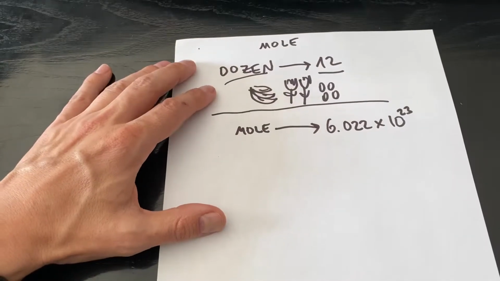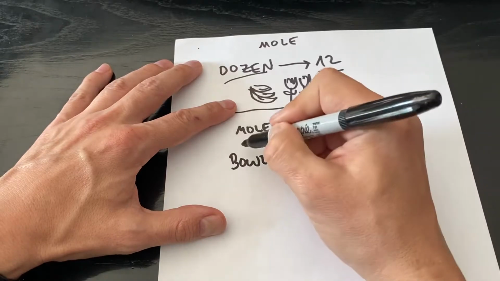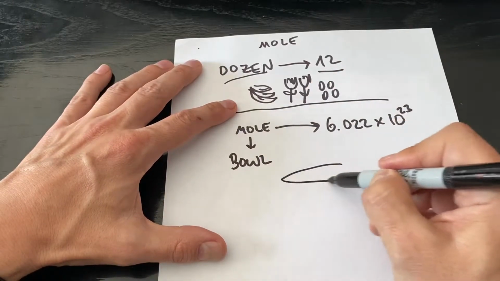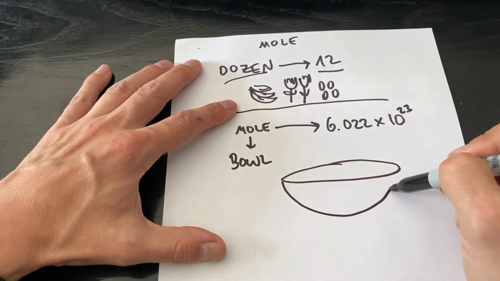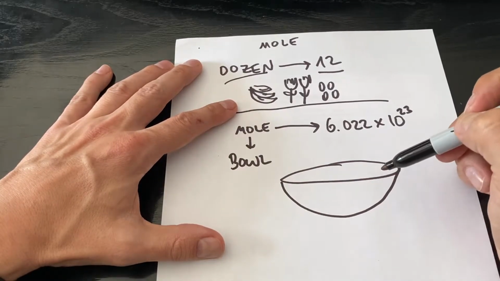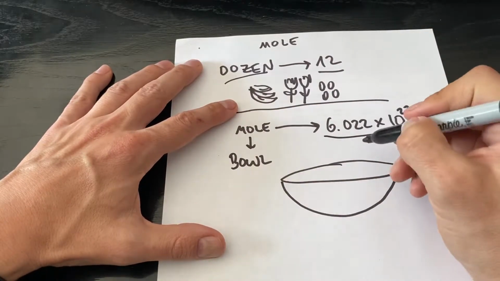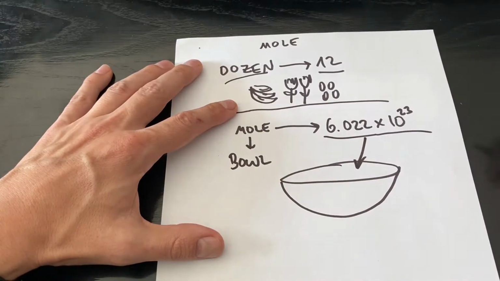Now, the way I like to think of it is mole actually rhymes with bowl. So imagine that you have a bowl that's always the same size, and it always fits the same number of molecules and atoms. One bowl fits this many atoms in it. This number actually has a name.